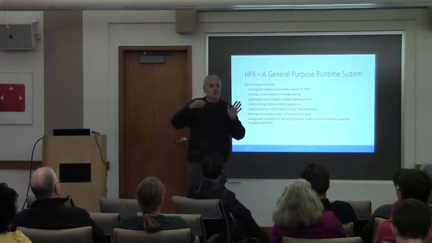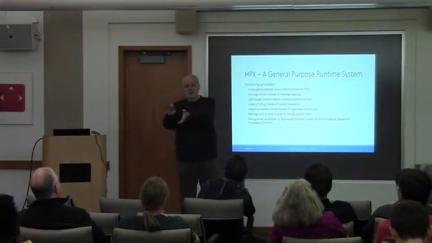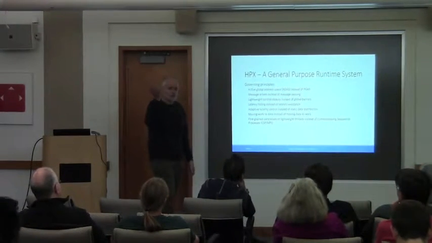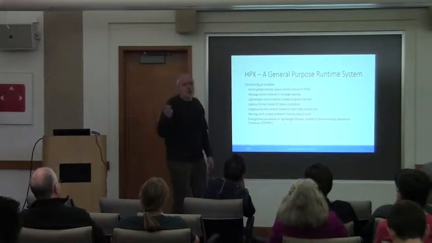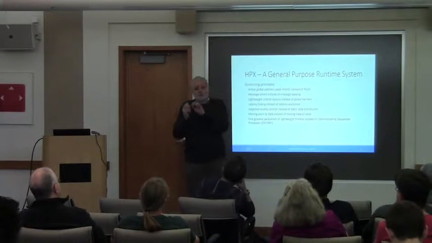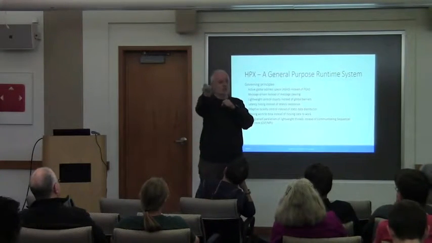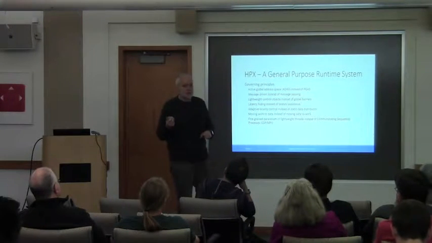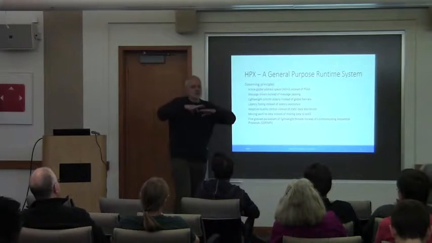The reason is so I can move things around from one node to another node without updating the references to it, very much like the virtualization we have today. It's message driven. That means we try to be proactive, sending messages, and when the message is received, something happens. We have very lightweight control objects which are there to replace these global barriers.